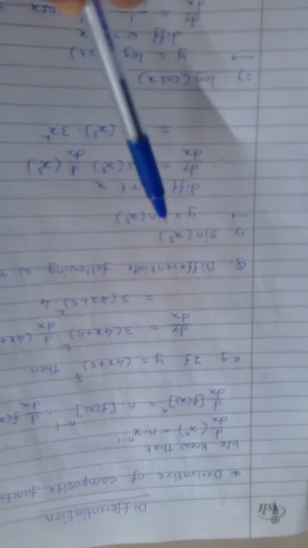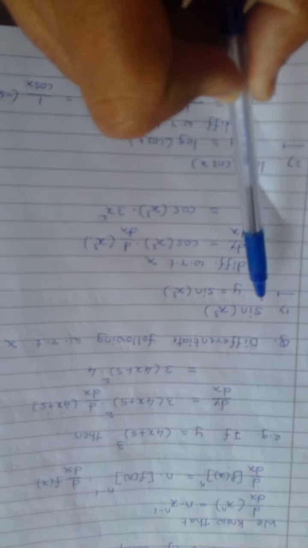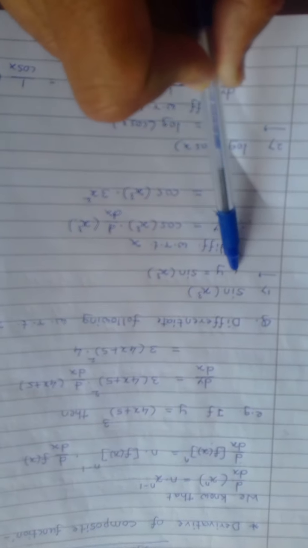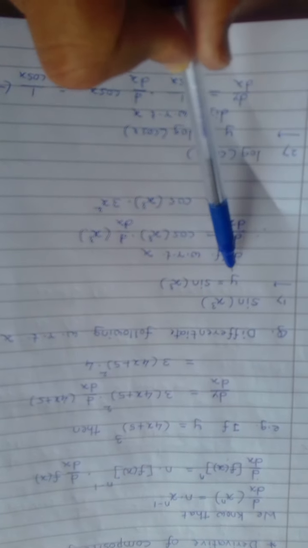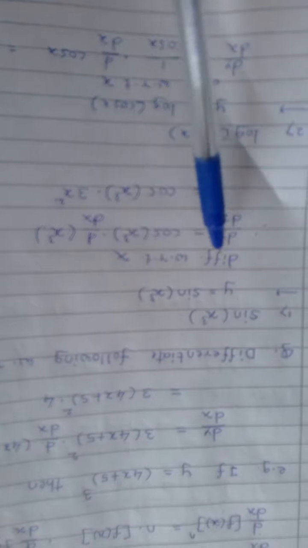Now see another question based on composite functions. The question is: differentiate the following with respect to x. First one, sine of x cube. At first give notation for the example: y is equal to sine of x cube.